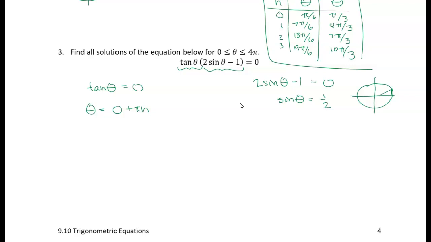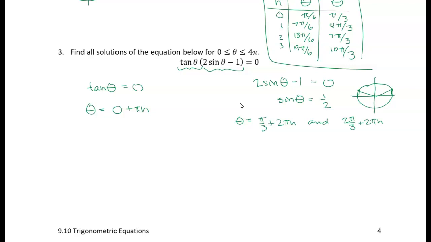So I can make 1/2 up, 1/2 up, right? So I got a couple of different angles. So here I can say that theta is equal to pi over 3 plus 2 pi n, and 2 pi over 3 plus 2 pi n.